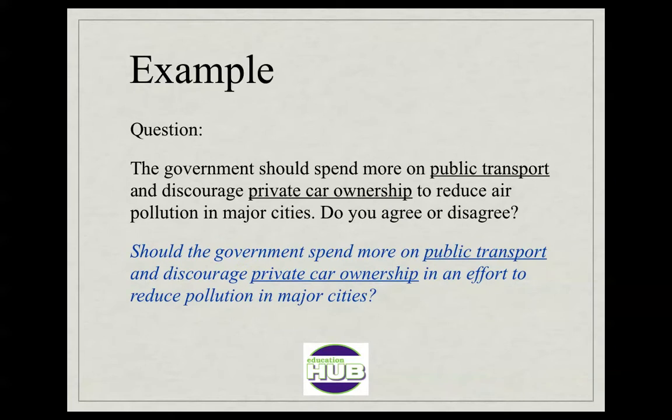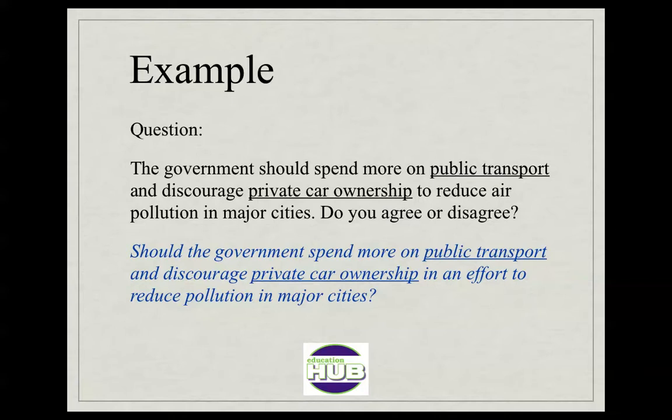The third example. The government should spend more on public transport and discourage private car ownership to reduce air pollution in major cities. Do you agree or disagree? Again, a very common question type. As you can see here, there are two topics, and both of them are underlined. Of course, they relate to each other: public transport and private car ownership.